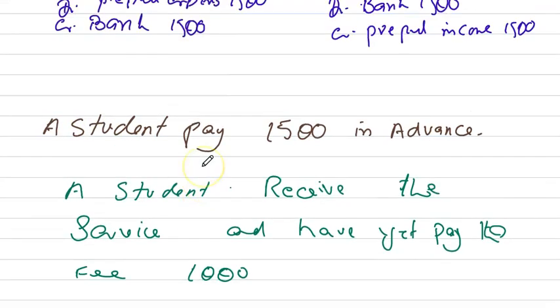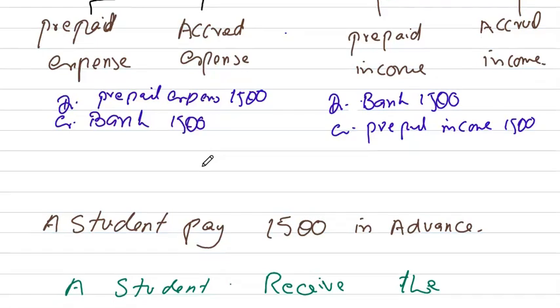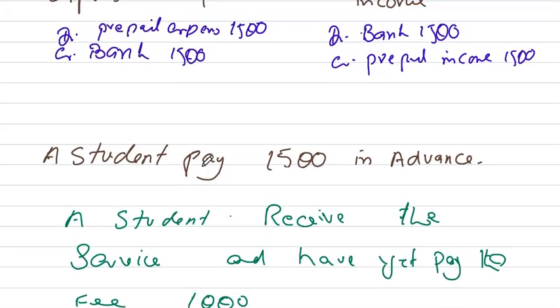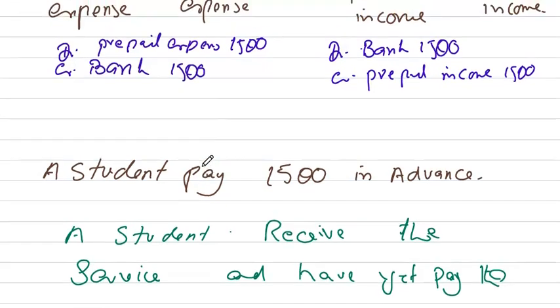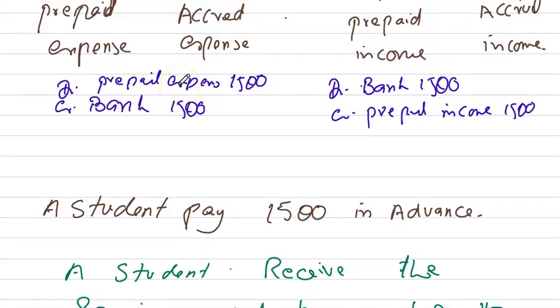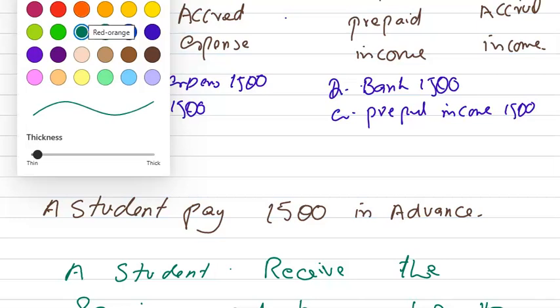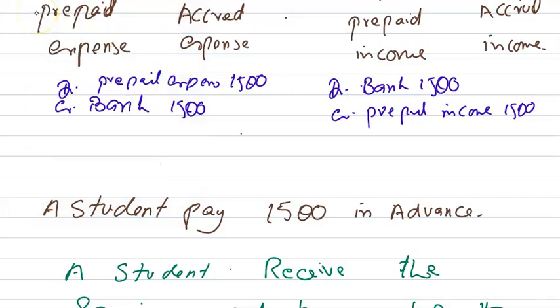The student has not yet paid the fee, so the total amount is estimated at 1000. Right now I am talking about the accrued expense and accrued income. From the student's point of view, they have to record the expense. So debit will be expense with 1000. And what about the institute? They will record credit income.